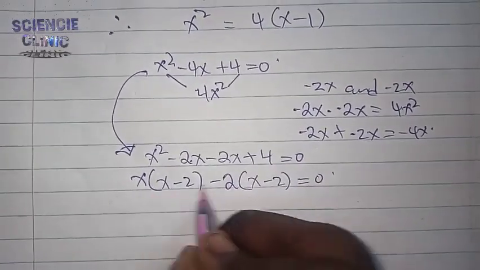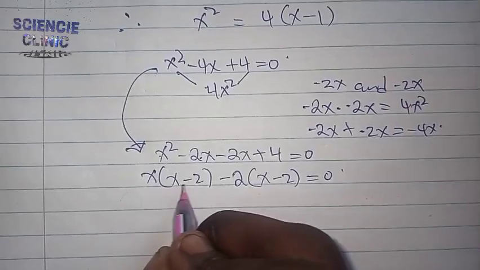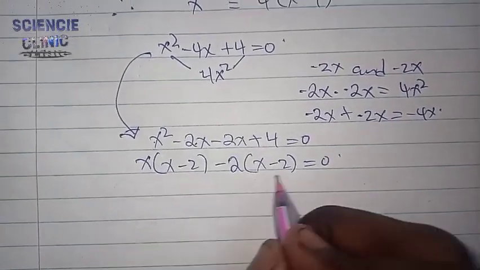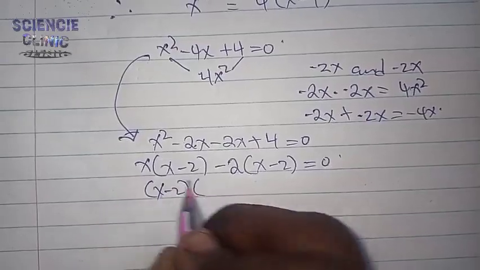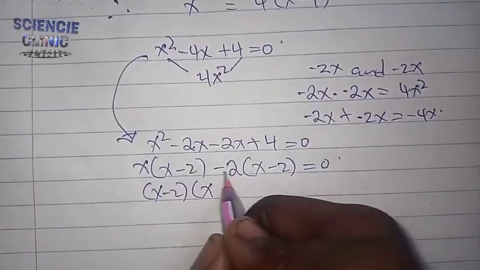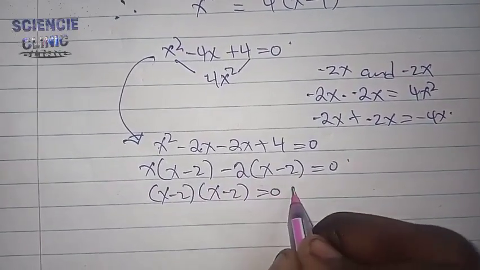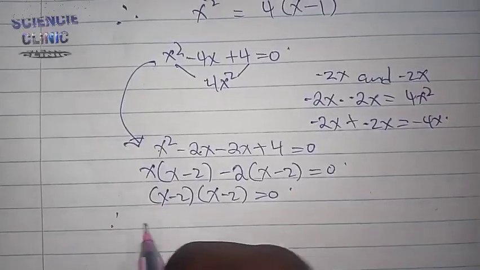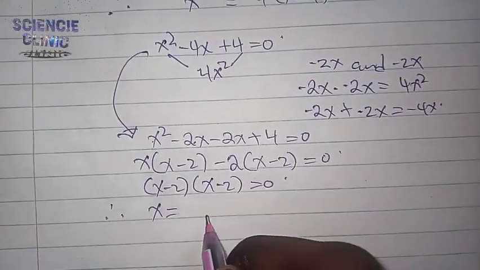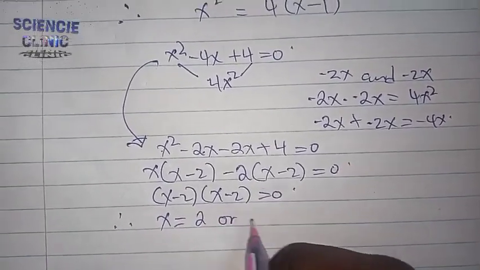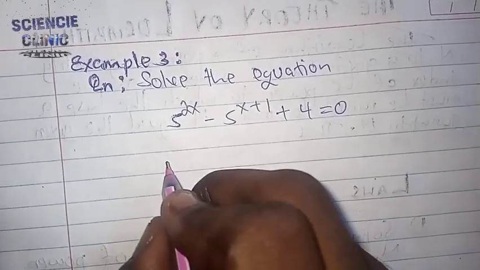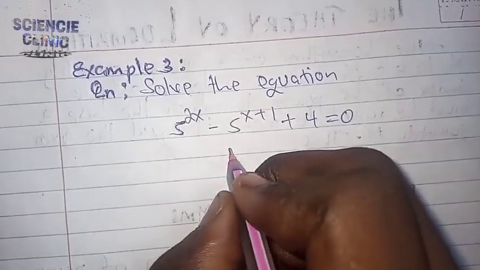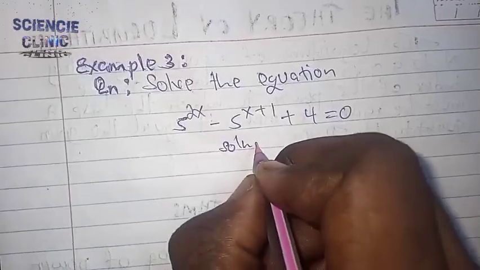So now you can see clearly that the brackets are the same, so I can factorize out the brackets. What am I remaining with? Here I remain with x, here I remain with negative 2, which is equivalent to 0. Therefore, my x will either be 2 or 2. So, okay, this is our third example, and now let us look at the solution.